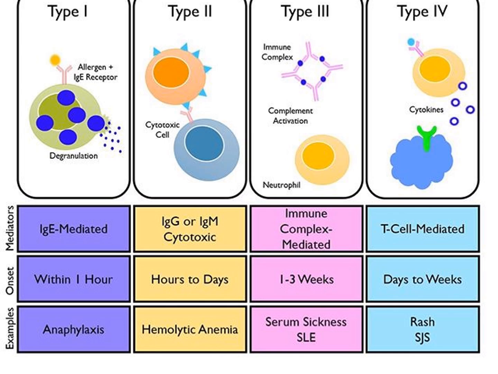So a type 1 hypersensitivity is IgE mediated. It's quick. And this is how we get anaphylaxis and allergic reactions. All right, so most of what we talk about, most of what we learn in the immune chapter is this type 1. It's the IgE antibody, and then it goes awry, basically.